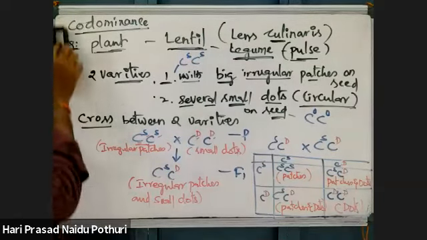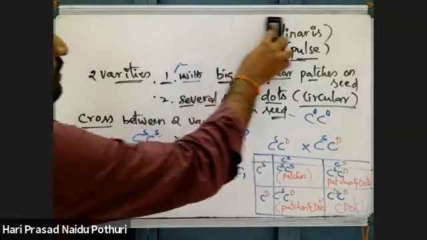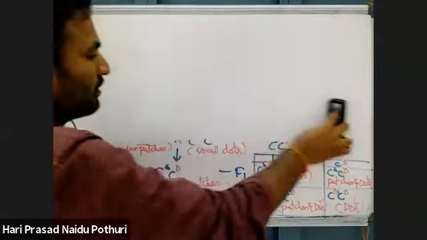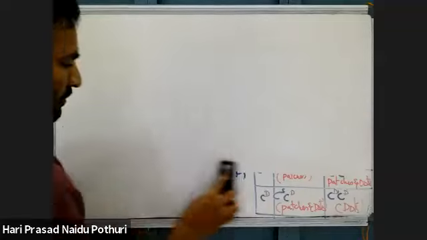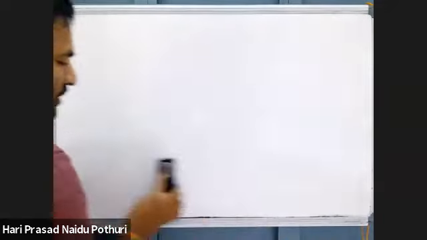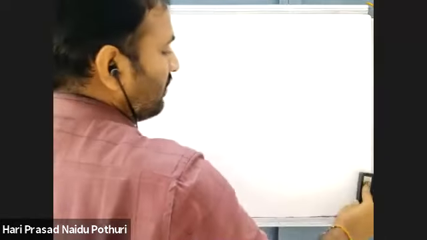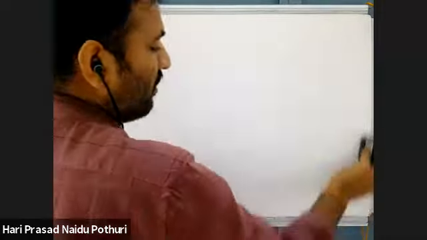So codominance means when two parents are crossed, both the characters, one from one parent and another from the other parent, are taken into the progeny. That is what we are calling codominance. Here, neither dominant nor recessive allele is present.